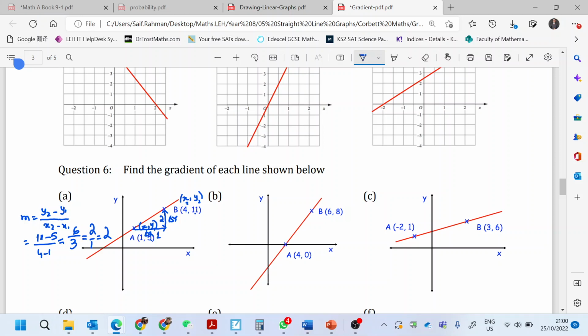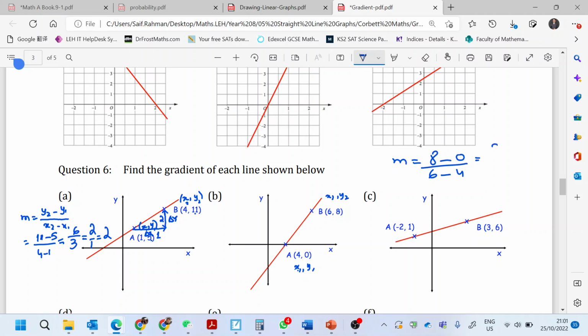In the same way, if you have to find it in this one, let's term these x2 and y2, and these two points x1 and y1. So the formula is y2 minus y1, divided by x2 minus x1. Here y2 is 8, minus y1 which is 0, divided by x2 which is 6, minus x1 which is 4.